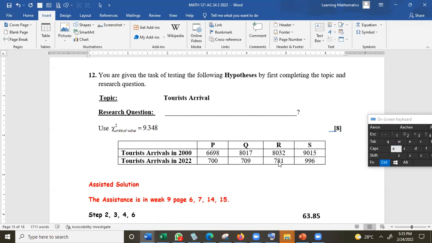Research question. So we're comparing the difference, the variation of 2000 and 2022.